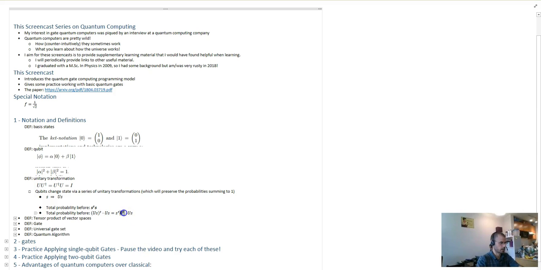And this is a complex conjugate transpose, so these end up being I. There you go. The total probability just stays the same, so it stays normalized to 1. That's why we're using unitary transformations in quantum computing.